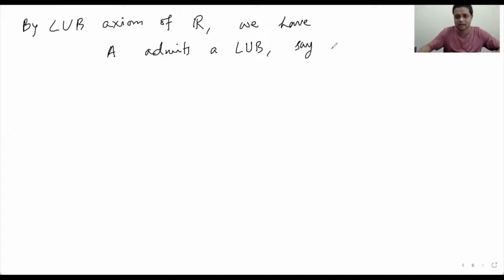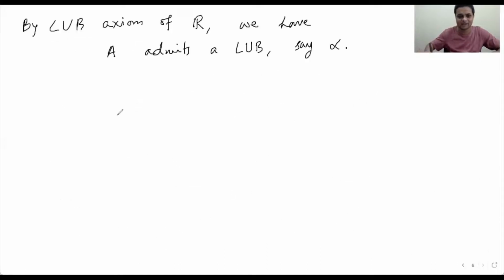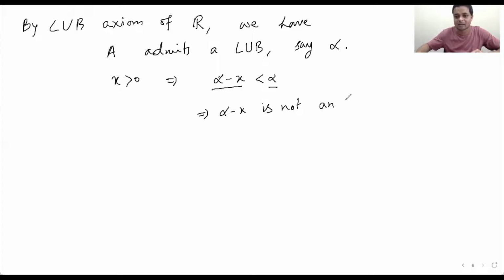Now by the hypothesis of the theorem, x is positive, so x greater than 0. That means alpha minus x is less than alpha, and this implies alpha minus x is not an upper bound.